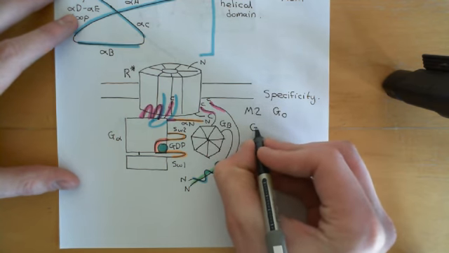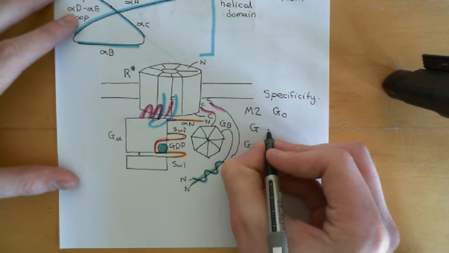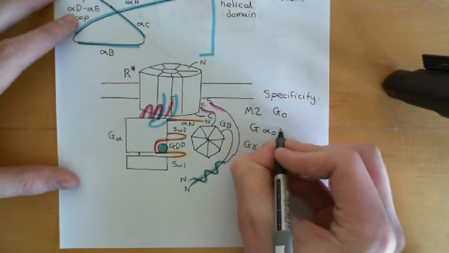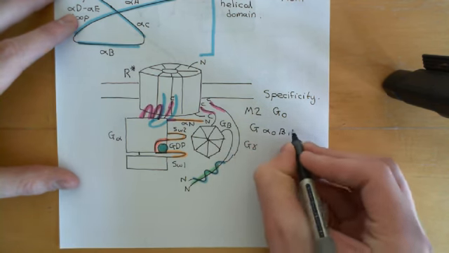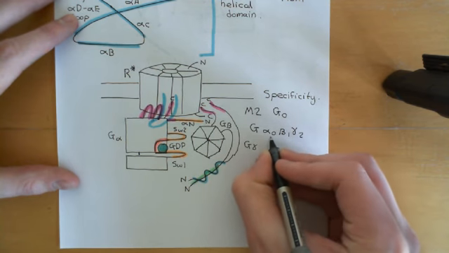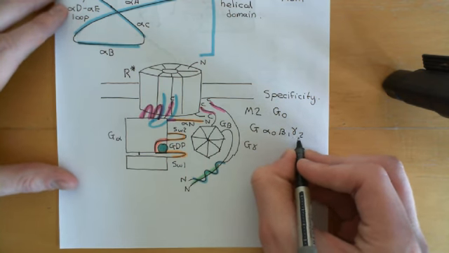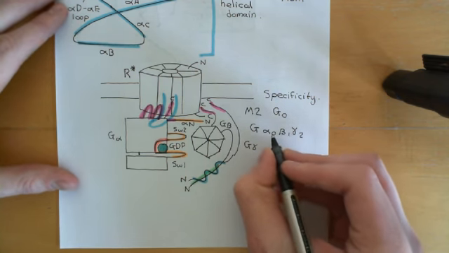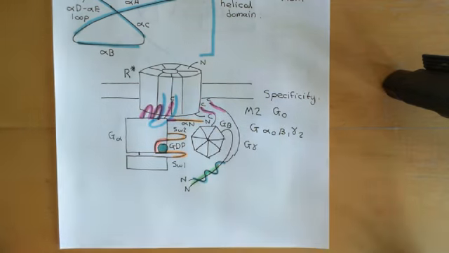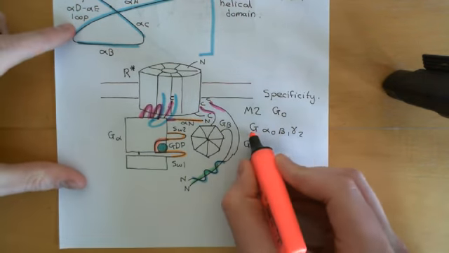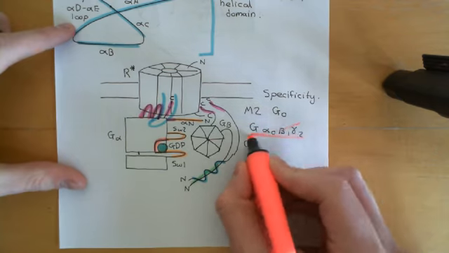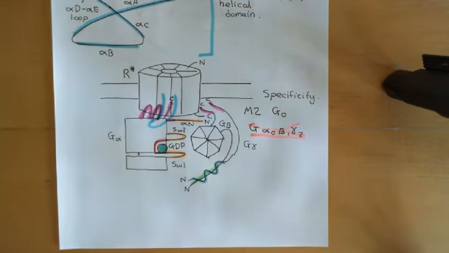So for instance, if we have the heterotrimeric G protein G alpha O beta 1 gamma 2, where you have the alpha subunit as the alpha O subunit, the beta subunit as the beta 1 subunit, and the gamma subunit as the gamma 2 subunit, the M2 receptor will not bind to this heterotrimeric G protein. Basically it won't bind to that one.